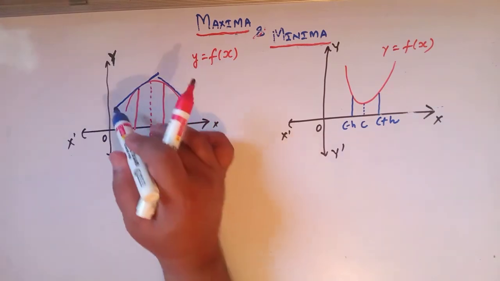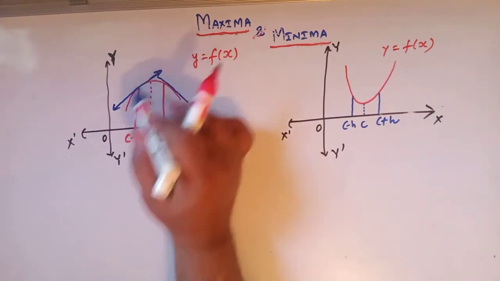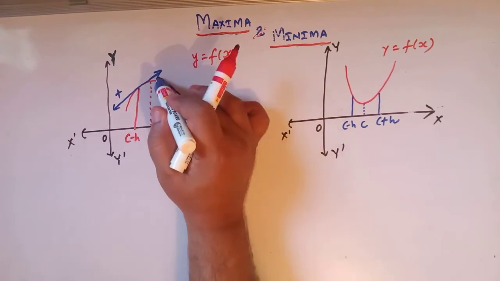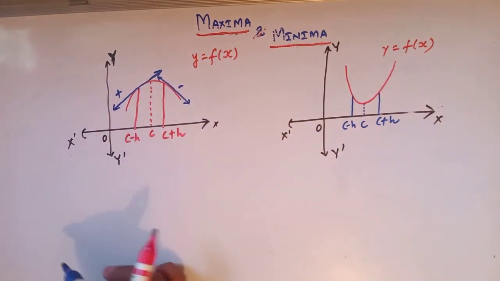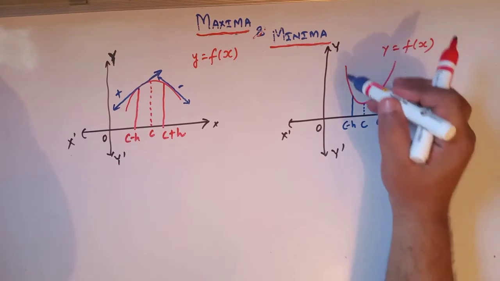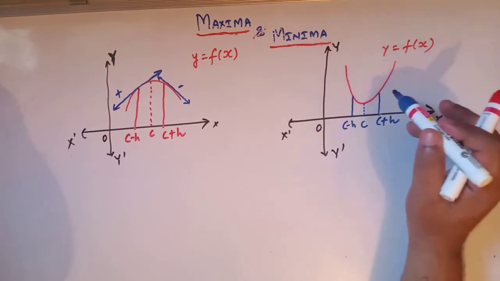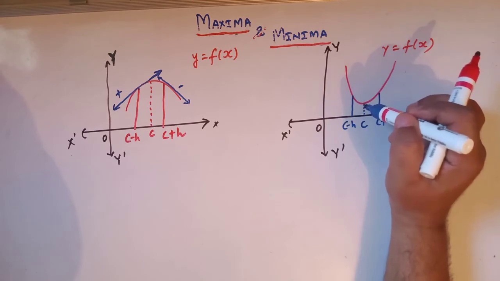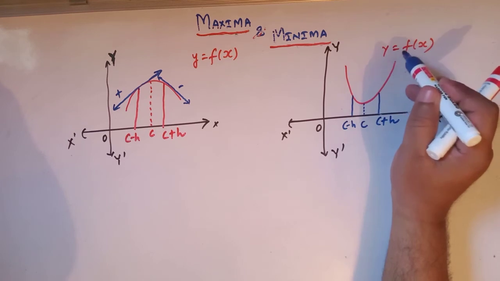the slope of this tangent is positive, and the slope of this tangent is negative. And here, the function is first increasing, then attaining a stationary point, and then starts decreasing.